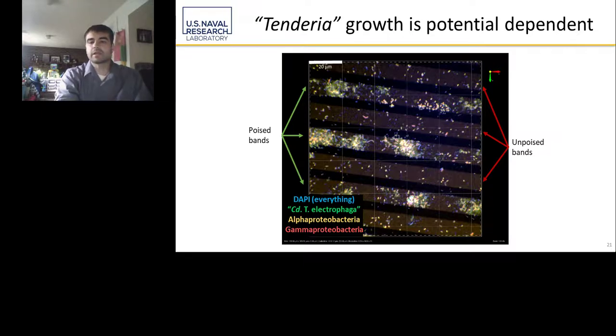And then on the right are bands that were not poised. So the Tenderia is only able to grow on the ones where we're actually feeding them electrons at the right potential. And as the biofilm grows, eventually it spreads out enough that it makes a connection with the unpoised bands, and then those are poised at the right potential also for things to grow on them, and then you can start to see a little bit of growth there.